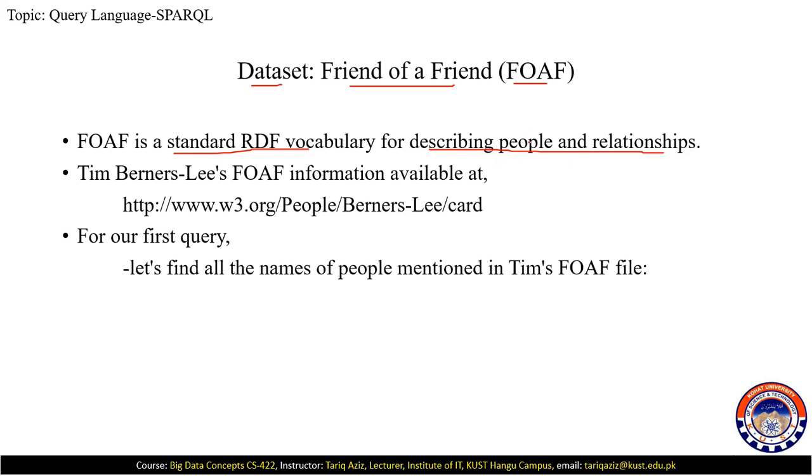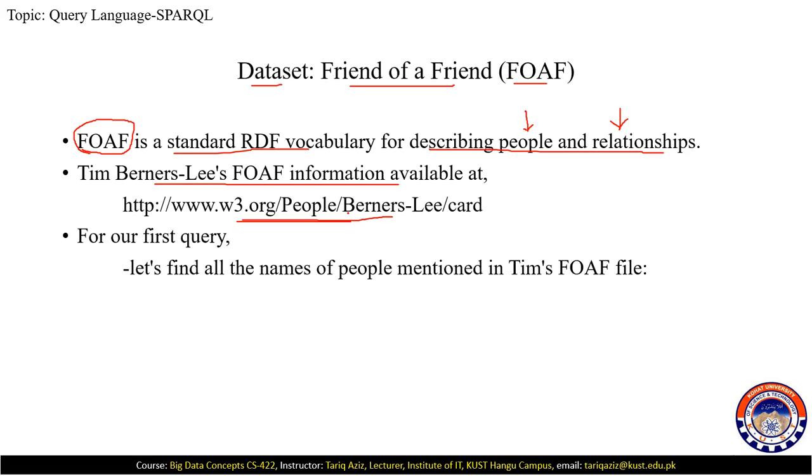So if we want to describe people and the relationships among these people, then we can use this dataset, known as the FOAF dataset. For example, Tim Berners-Lee's FOAF information is available at this URL. If you want to know about the dataset of Tim Berners-Lee, go to this URL and you will find the dataset.